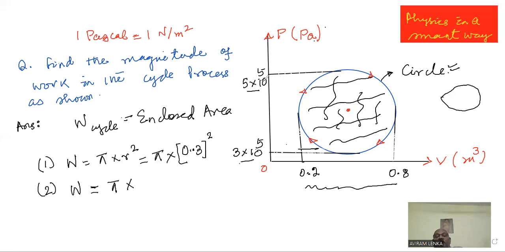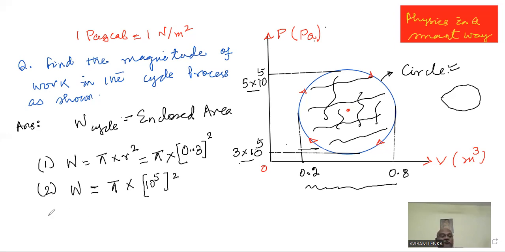The difference is 2 into 10 to the power 5, that is the diameter, and the radius will be 10 to the power 5. So the student puts pi r square with r as 10 to the power 5, squared.